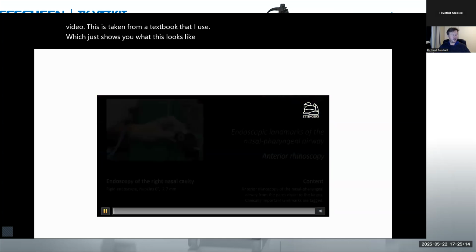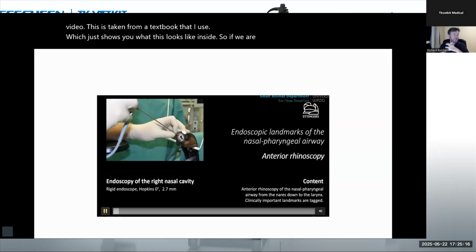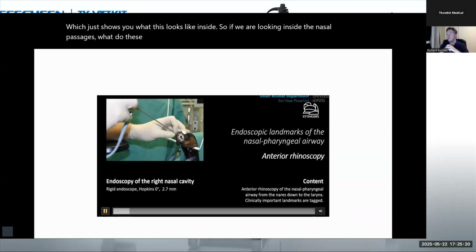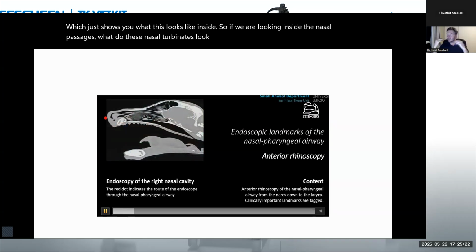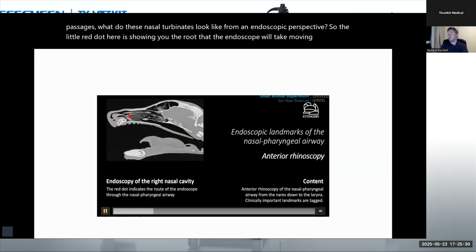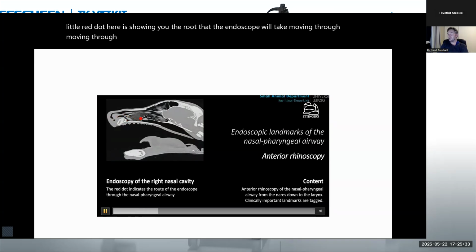So if we are looking inside the nasal passages, what do these nasal turbinates look like from an endoscopic perspective? So the little red dot here is showing you the route that the endoscope will take, moving through the nasal turbinates and ultimately being passed into the nasopharynx.